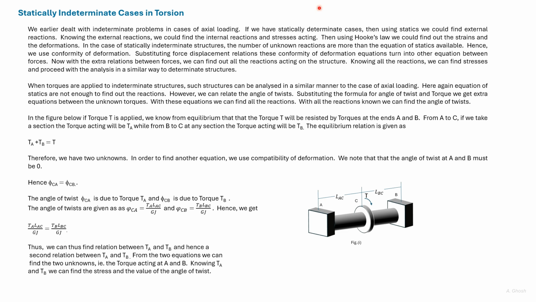Knowing LAC and LBC, we have a second relationship between TA and TB. Hence, we can find TA and TB. After we have found TA and TB, we can use these two relationships to find the angle of twist.